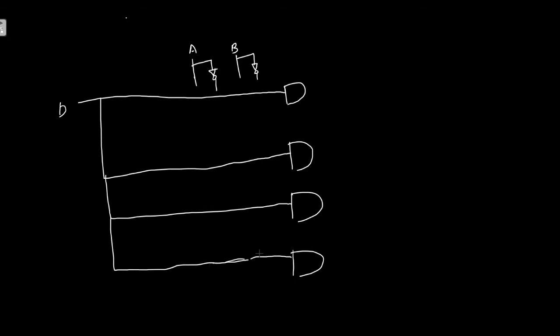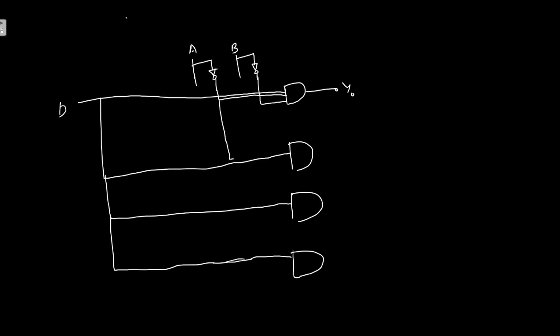Now there is the working of demultiplexation using select lines. First is 0 0, then the output is y0.